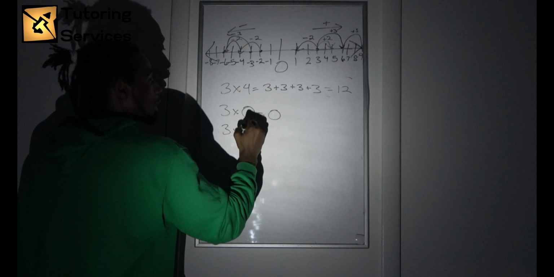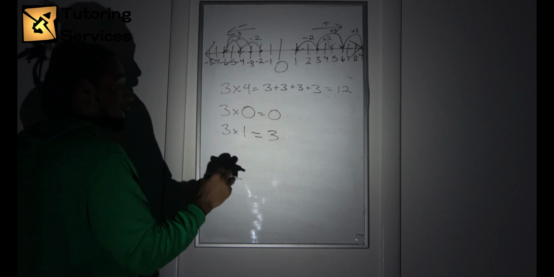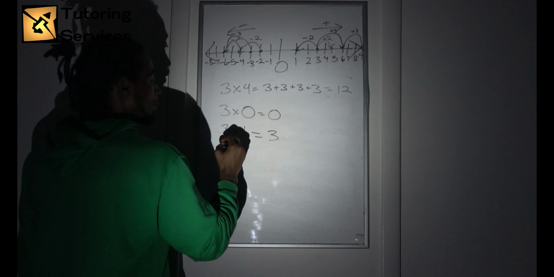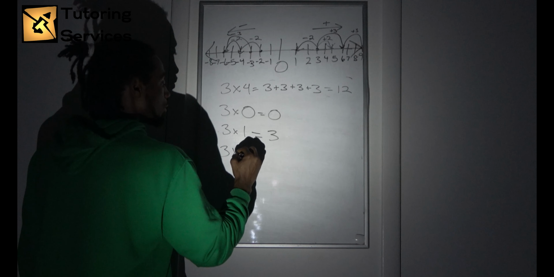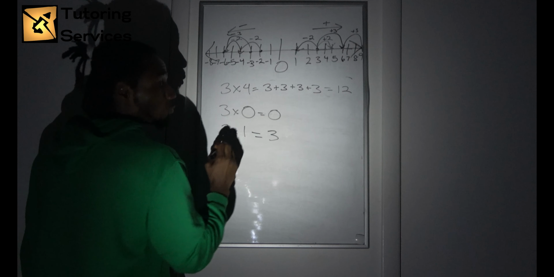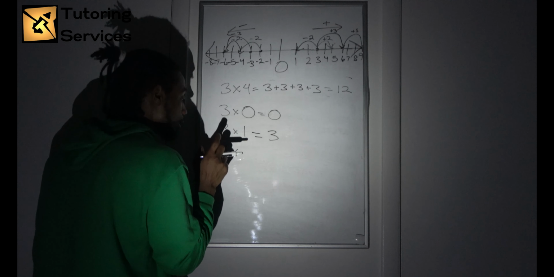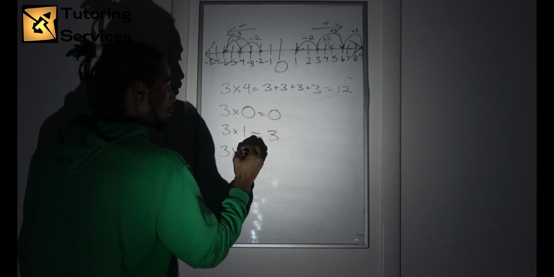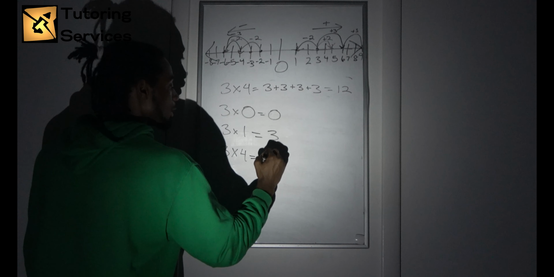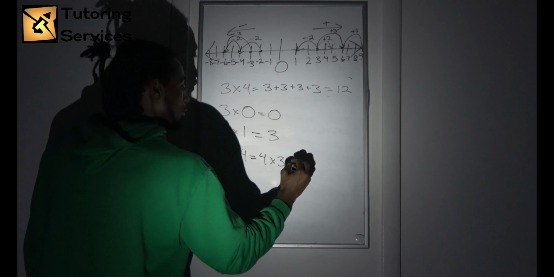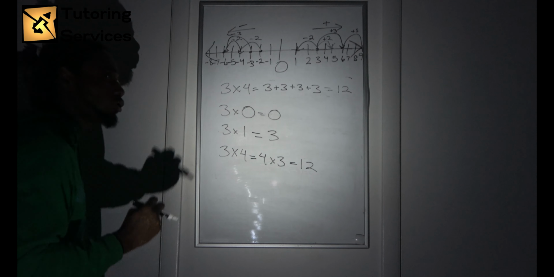Any number times 1 equals itself. And let me say that multiplication is commutative. So that means that 3 times 4 is the same thing as 4 times 3, which in this case, like I said, was 12.